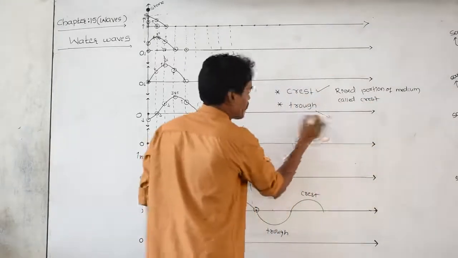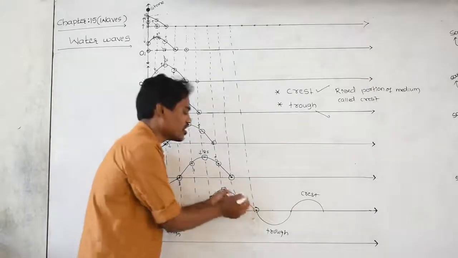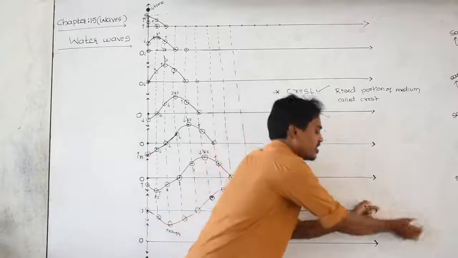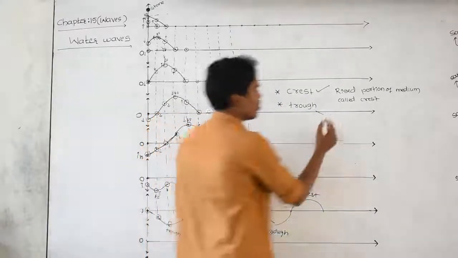Next, what is the trough? This is the raised portion, this is the depressed. This is a rise, depress, rise, depress. Depressed means the lower part.